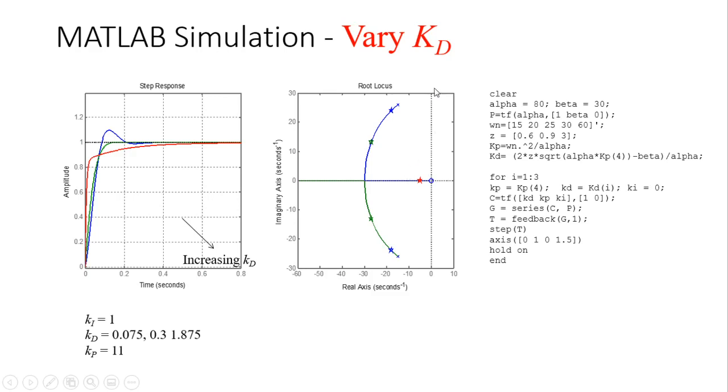If this is 90 degrees, it's a neutrally stable system. That means it doesn't die, it doesn't decay. So this angle controls the zeta. I think the relationship is cosine of that angle is zeta. So when the angle is 0, that means zeta is equal to 1.